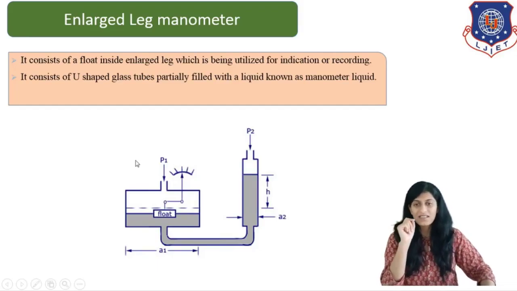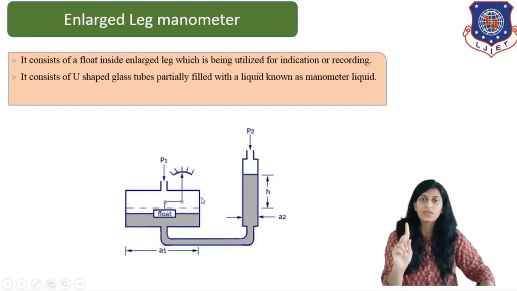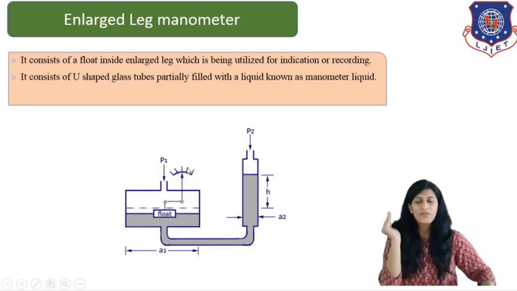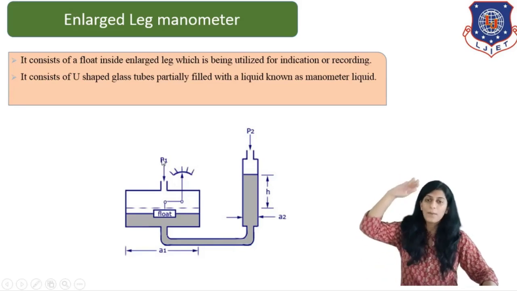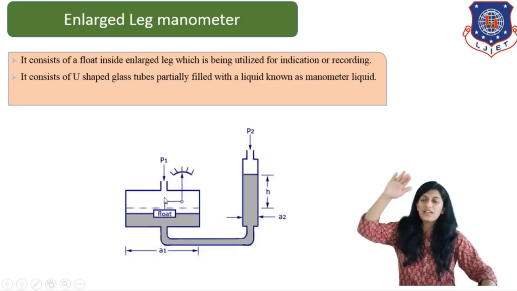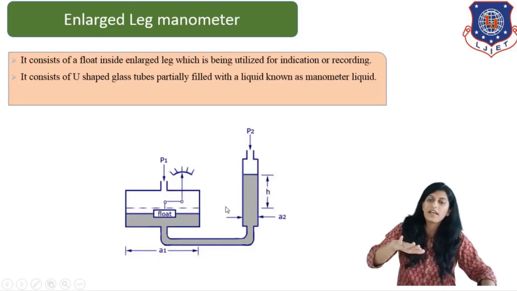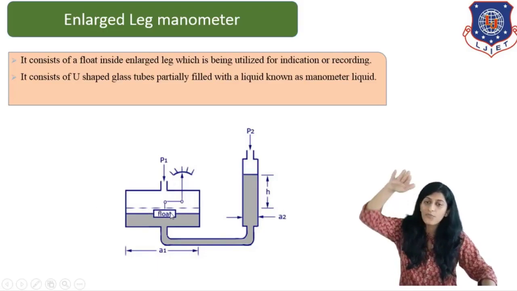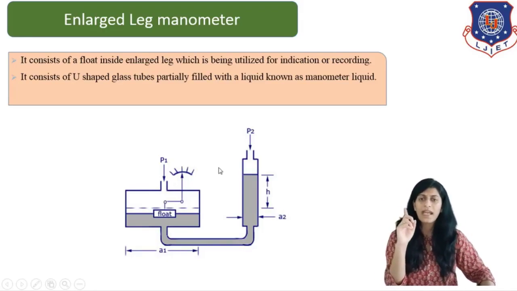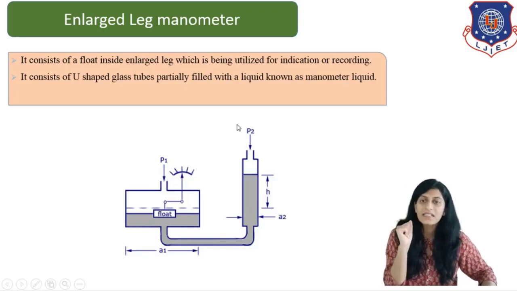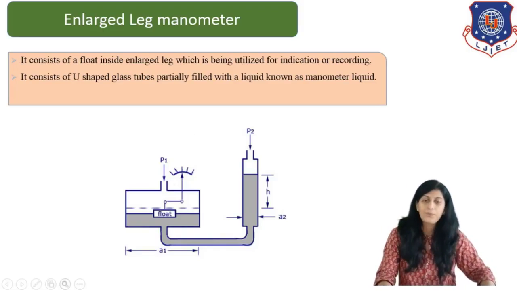Once we attach this section of the manometer to the equipment where we need to determine the pressure, the applied pressure makes the float move downward from the reference point, and the movement of the float is indicated by the pointer system. And this is the method of determining pressure using an enlarged leg manometer.